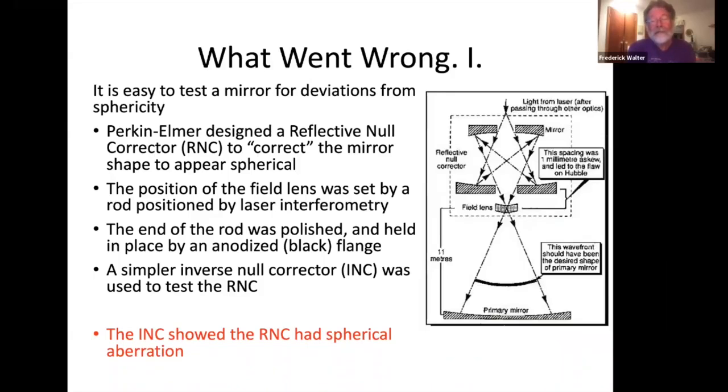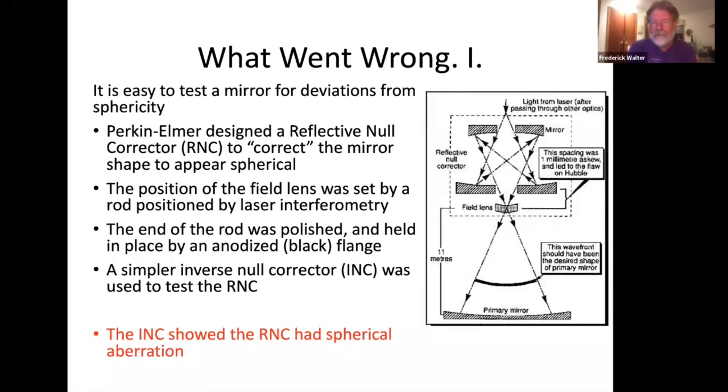And then you could polish it and make sure the sphere came out the right shape. The field lens had to be a specific distance away from the primary mirror, and that was set by a rod attached to the back of the field lens, which was positioned using a laser, using laser interferometry.